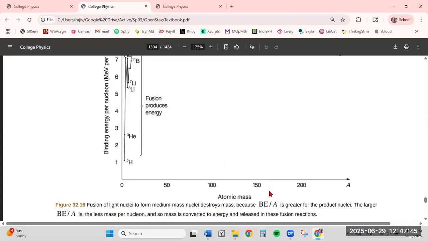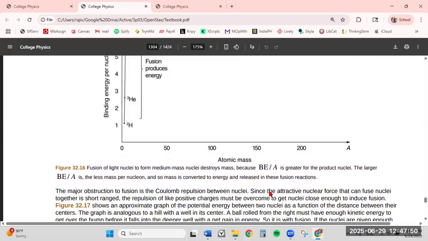And at the same time, the number of nucleons is increasing. The net result is that the binding energy per nucleon is greater for the product, for the daughter.